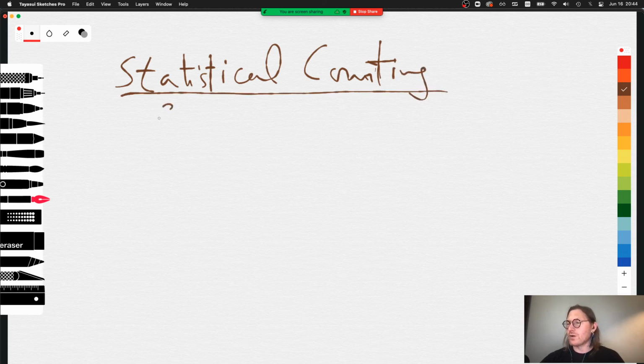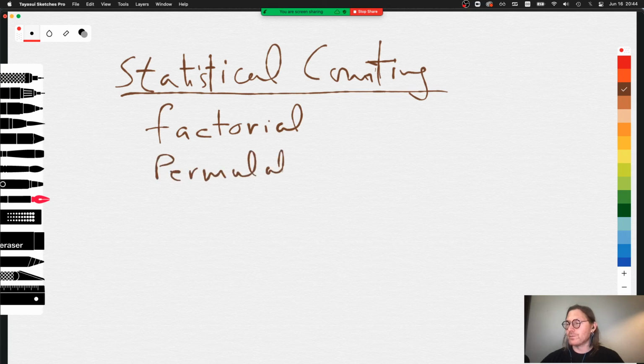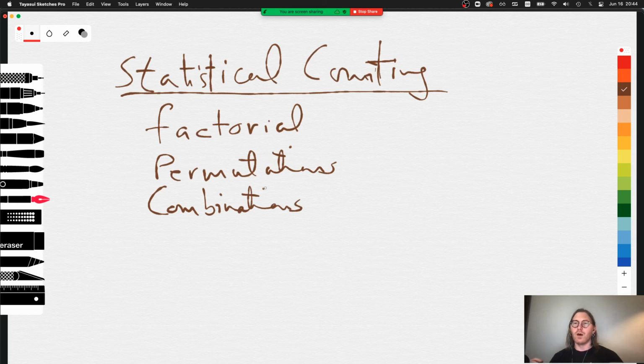So there are 3 concepts that we're going to focus in on. We're going to look at factorial, we're going to look at permutations, and we're going to look at combinations. We're going to take just a couple different lenses on these.